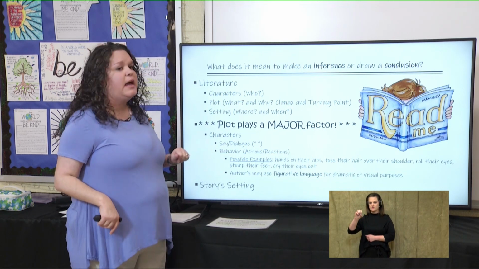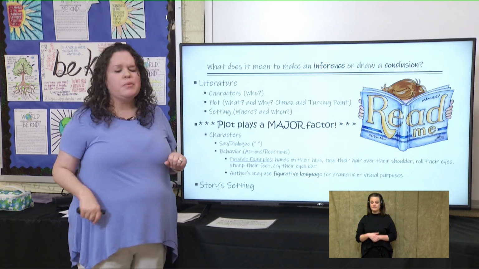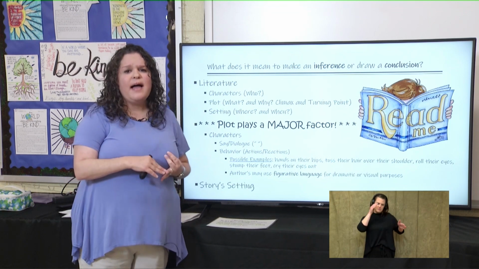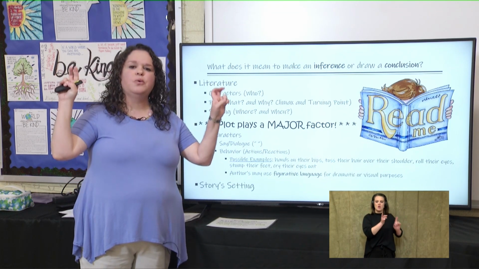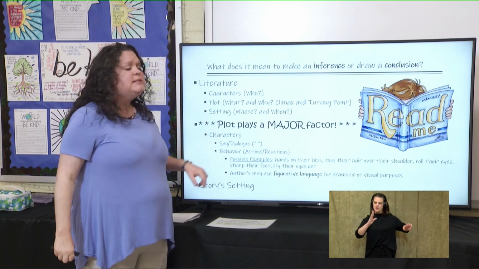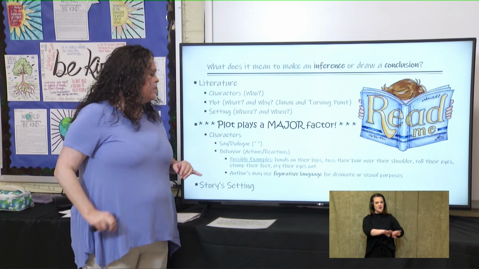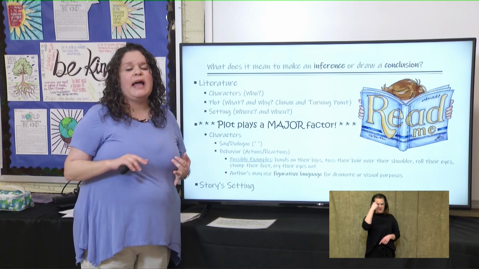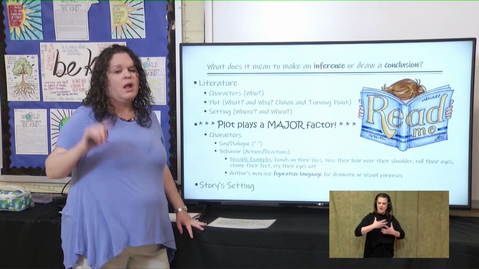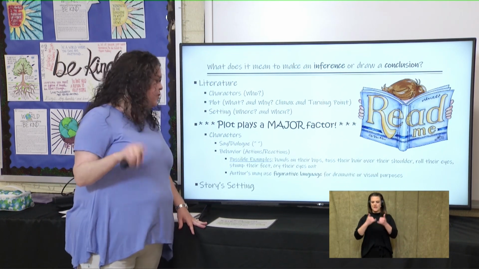Now, the characters. I really want you to pay attention to what the characters say, their dialogue. And in the dialogue, you're going to see quotation marks. And also in their behavior. Think about their actions and how they react to each other. Now, think about this.